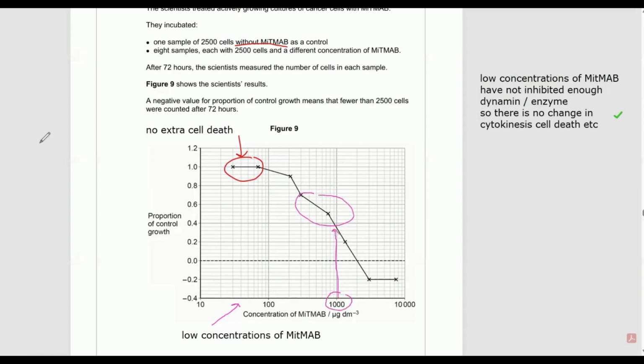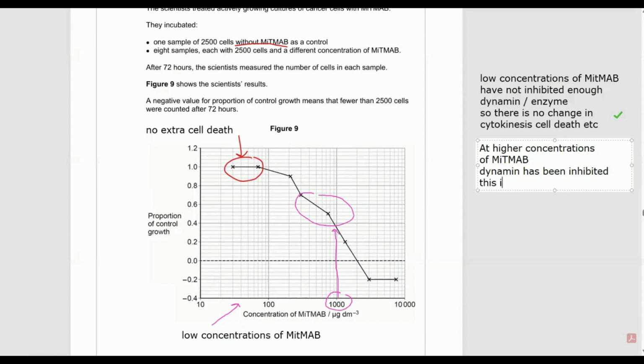Now we can look at the higher concentrations up to like 1000. We can see that the MITMAB is inhibiting enough of the enzymes so that as a proportion of the control, we have a decrease in cell growth compared to those cells without MITMAB. So yeah, some of the enzymes have been inhibited.